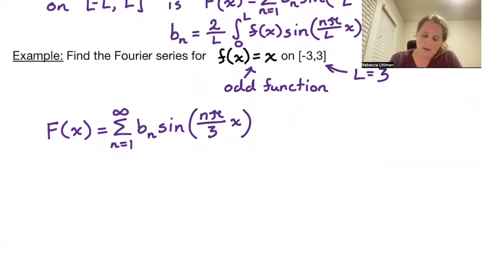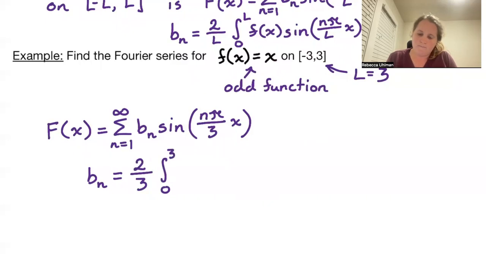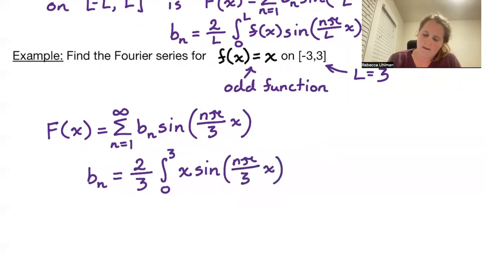And our b sub n is equal to 2 over L. So 2 over 3 times the definite integral from 0 to 3 of f of x, which is just x, times sine of n pi over L, in this case again 3x, dx.